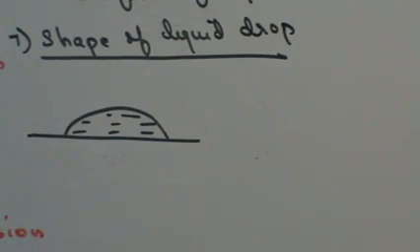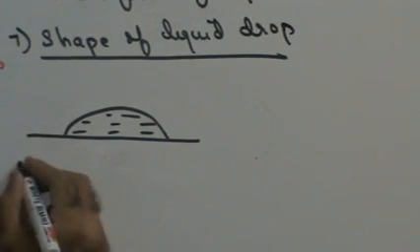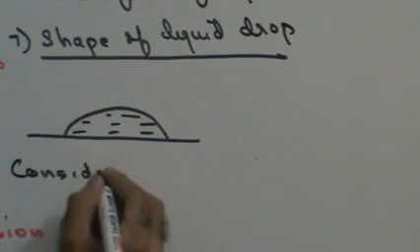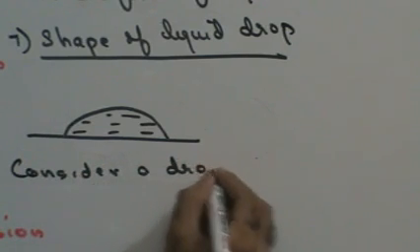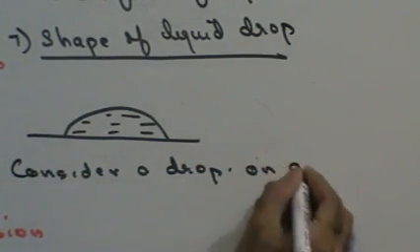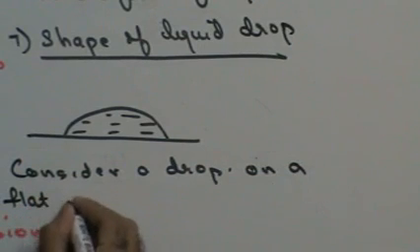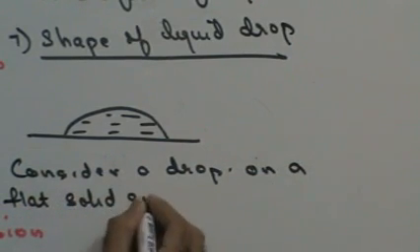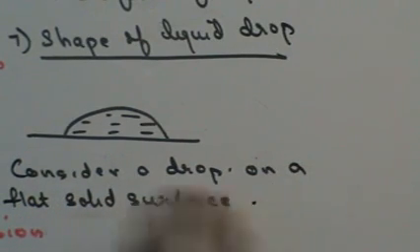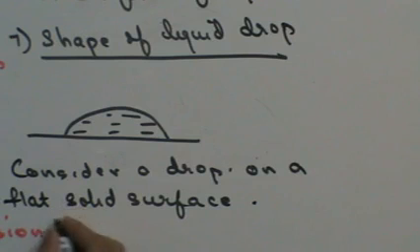So consider a drop on a flat solid surface, right? Now, the forces that are going to be acting on it, right? There is surface tension force along the following interfaces.